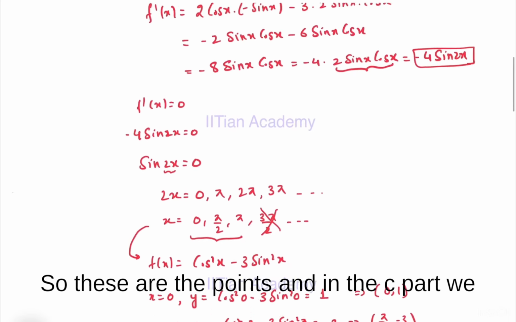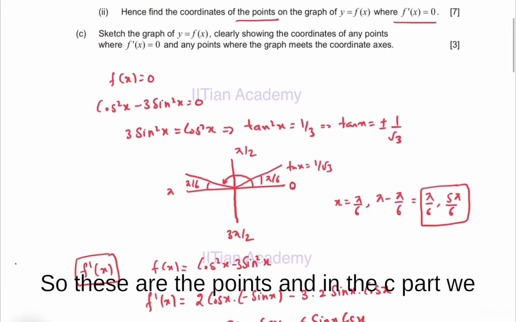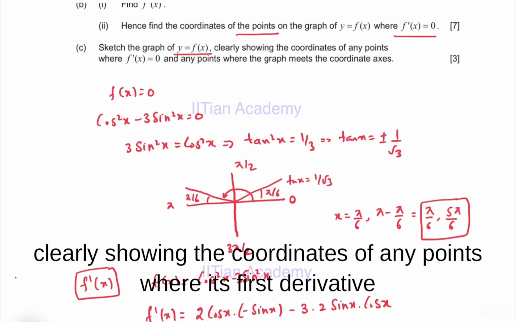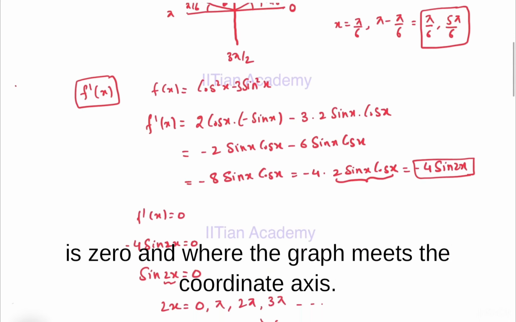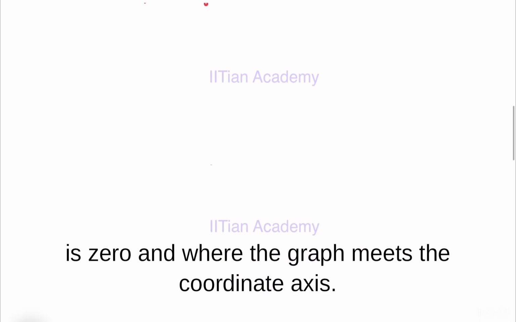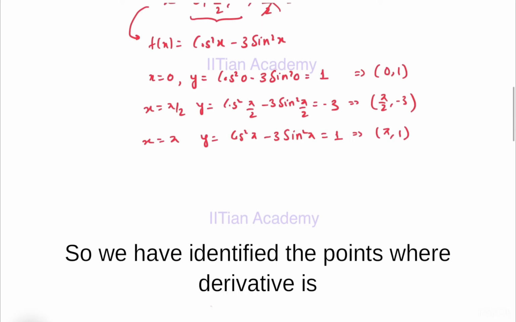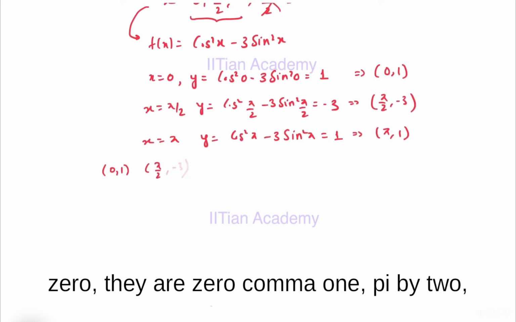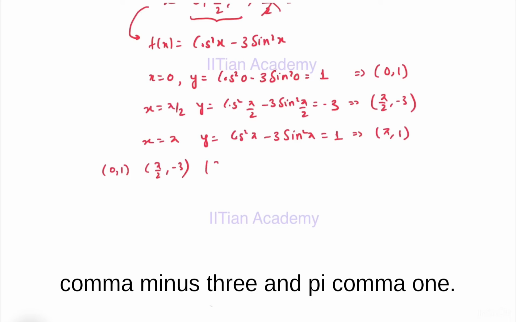So these are the points, and in the C part we have to sketch the graph of y equals f(x), clearly showing the coordinates of any points where its first derivative is 0 and where the graph meets the coordinate axes. So we have identified the points where the derivative is 0. They are (0, 1), (pi by 2, minus 3) and (pi, 1).